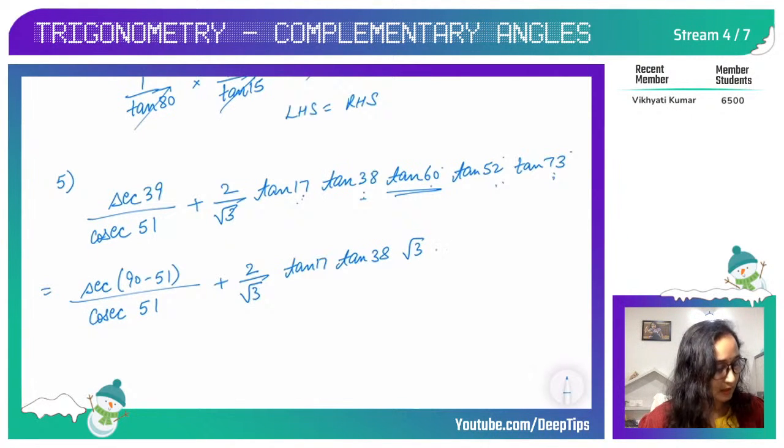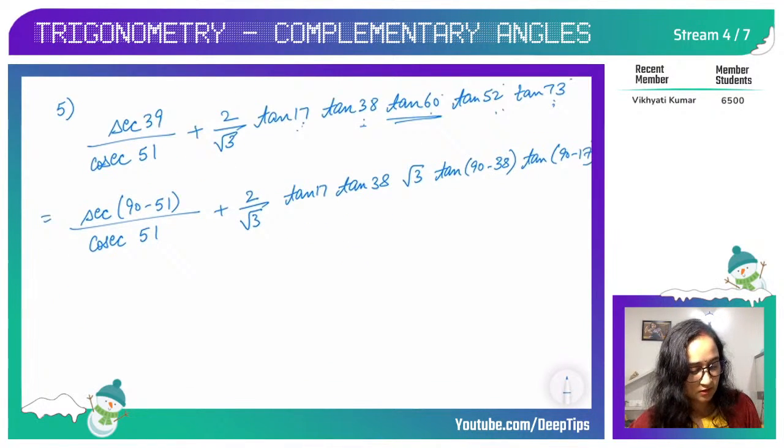Tan 52 can be written as tan of 90 minus 38, since 38 plus 52 gives us 90. And this tan 73 can be written as tan of 90 minus 17.